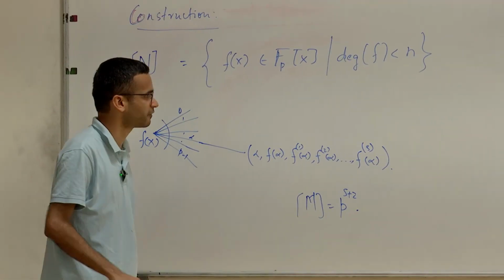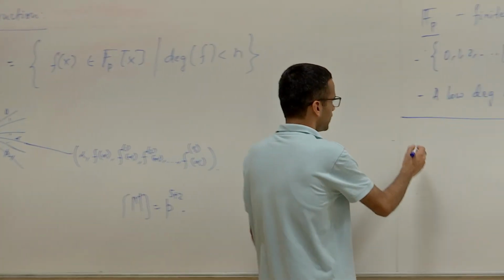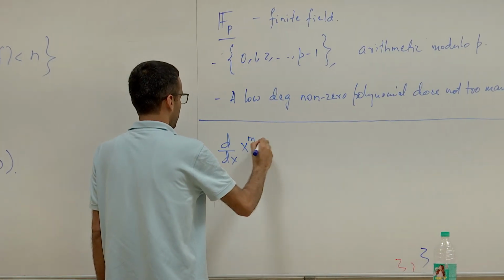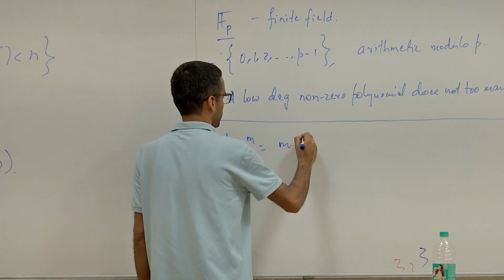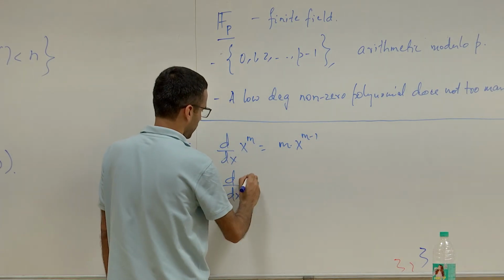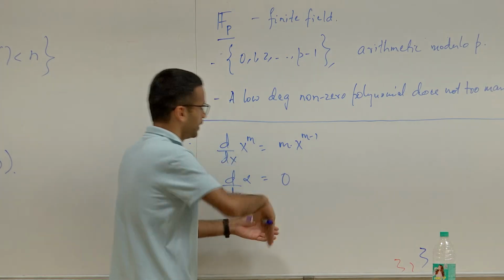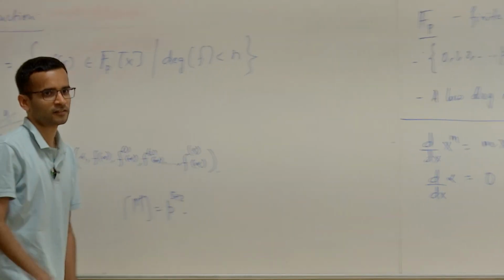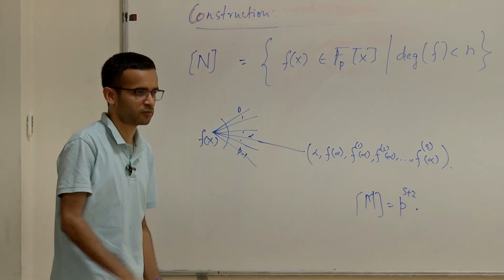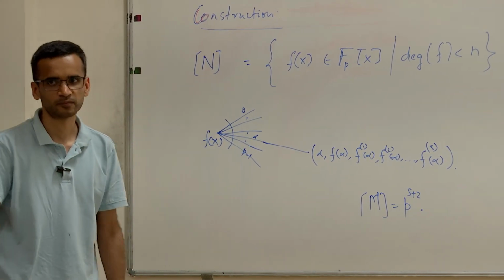And what is the formal definition? Well, the derivative of x to the m is m times x to the m minus 1. The derivative with respect to x of any field element is 0, and then you linearly extend this. That's the formal definition of derivatives. It doesn't require you to compute limits, which don't make sense over finite fields.